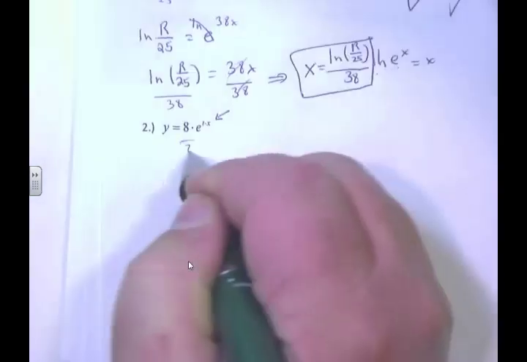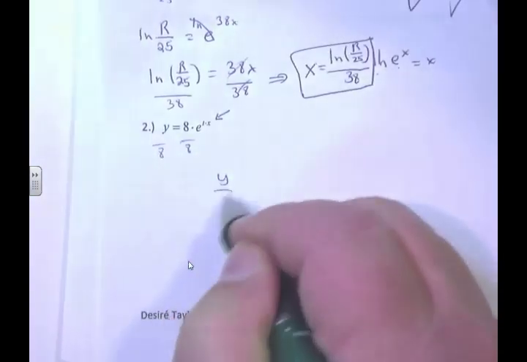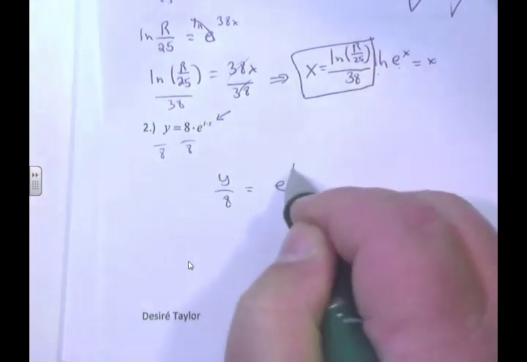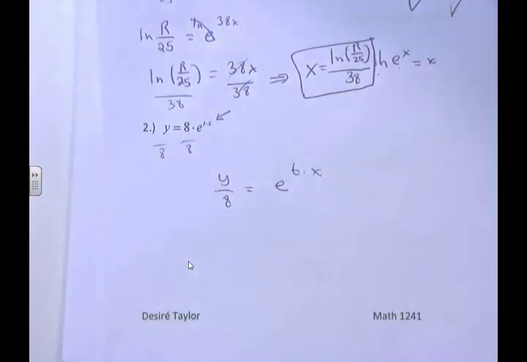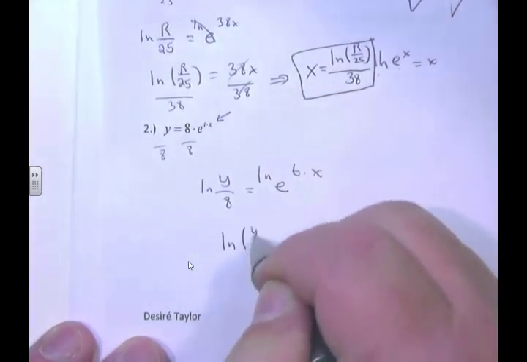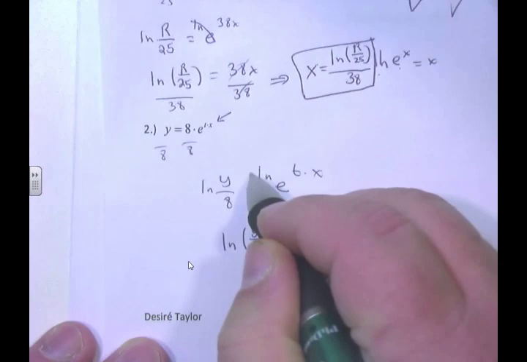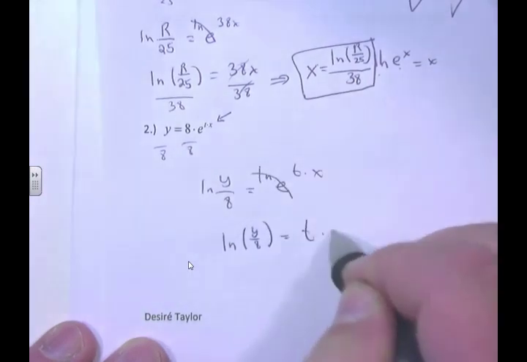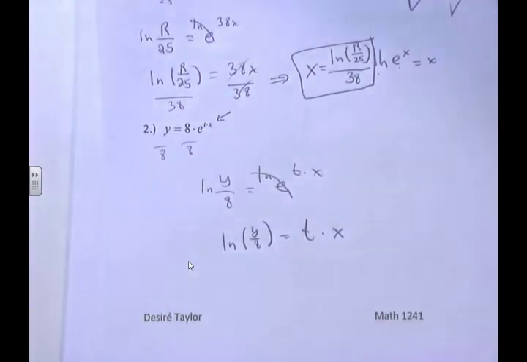Outstanding. Divide by 8. Get the e by himself. y divided by 8 equals e to the t times x. Remember, x is the variable. Now, once you've got the e by himself, what are you going to do? Natural log both sides. So, take natural log, natural log. This gives me natural log of y divided by 8 is equal to, and the natural log and e cancel, t times x.